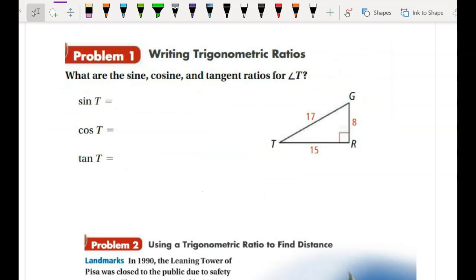Okay, so in this problem, we're going to write the sine, cosine, and tangent ratios for angle T. The first thing I'm going to do is write down Sokotoa.